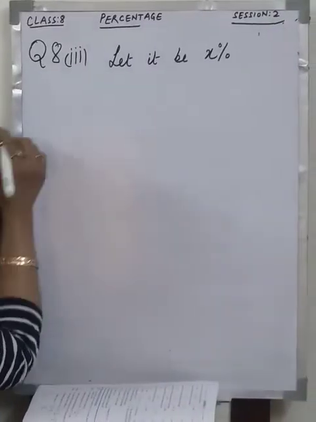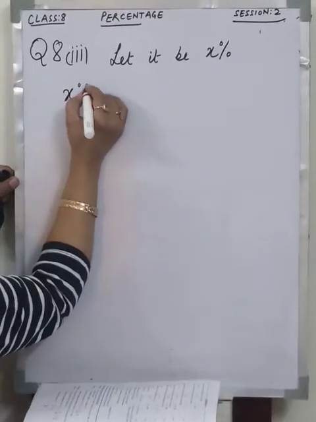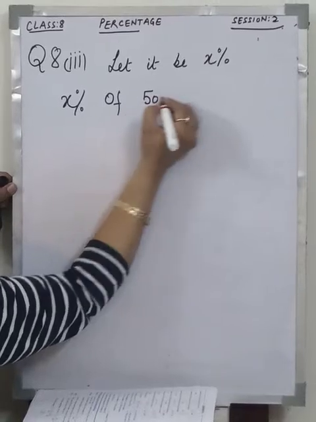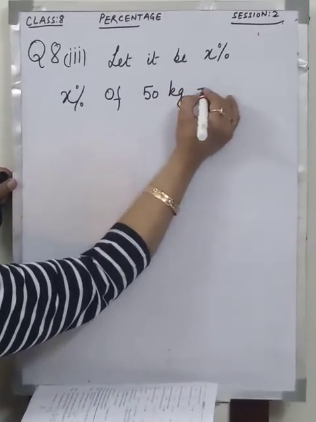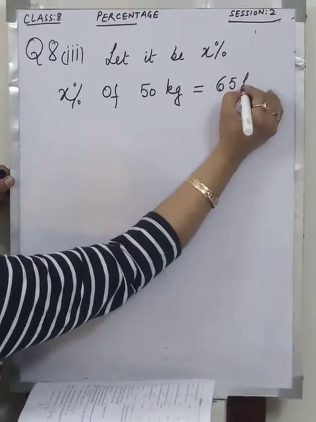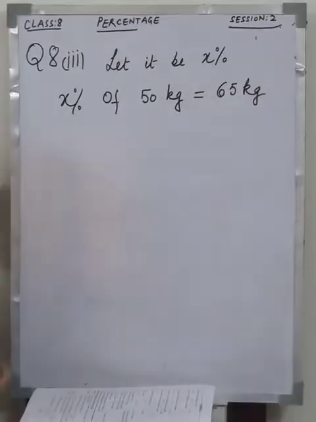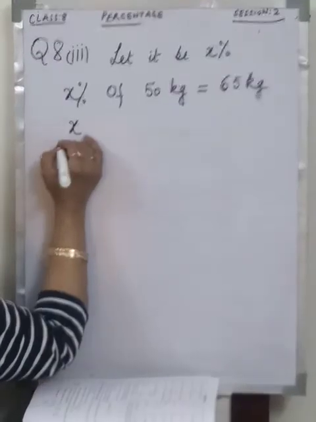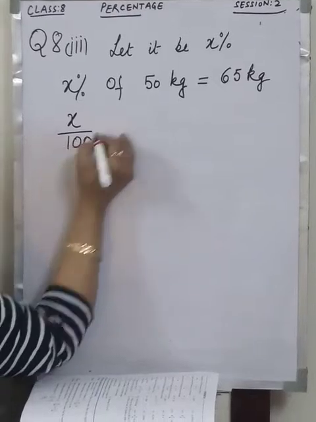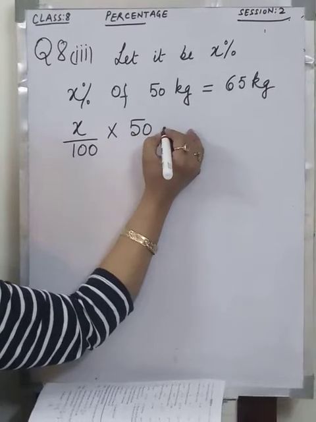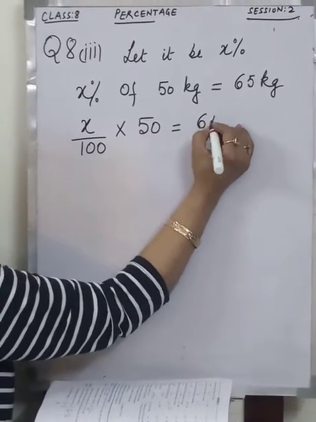Now you write the mathematical expression: x percent of 50 kg is 65 kg. This is the mathematical expression I have written for the given statement. X percent means x upon 100. Of means multiply. 50 is equal to 65.